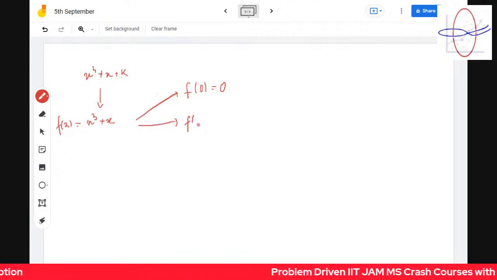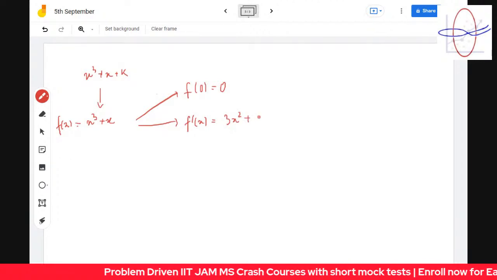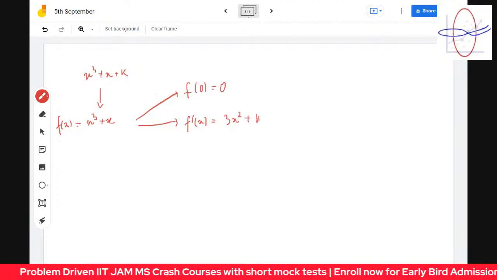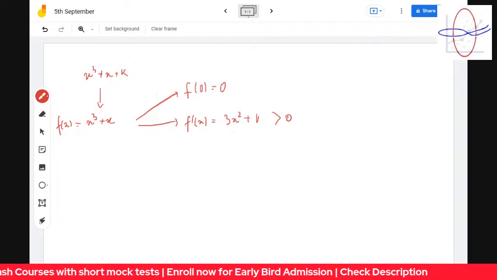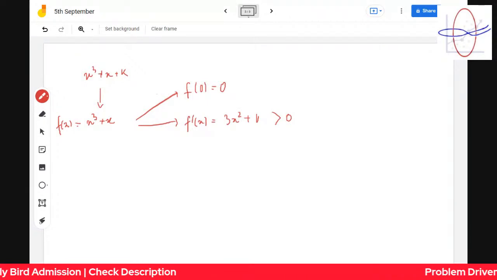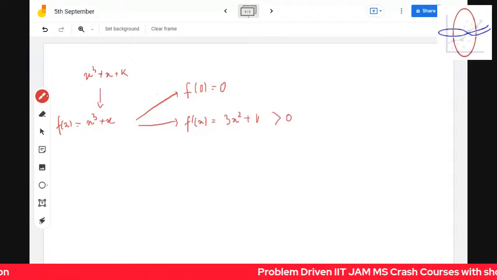And let's do f dash of x. f dash of x is equal to 3x squared plus 1, so it's greater than 0. Understand it very carefully. That means it's an increasing function. So how does that help?